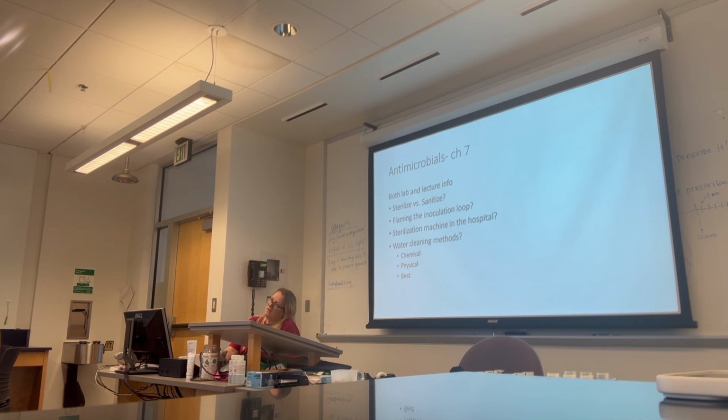Bromine is another one used for like hot tubs usually. And then for some physical controls with water, filtration is another one, like those life straws or filtration machines.